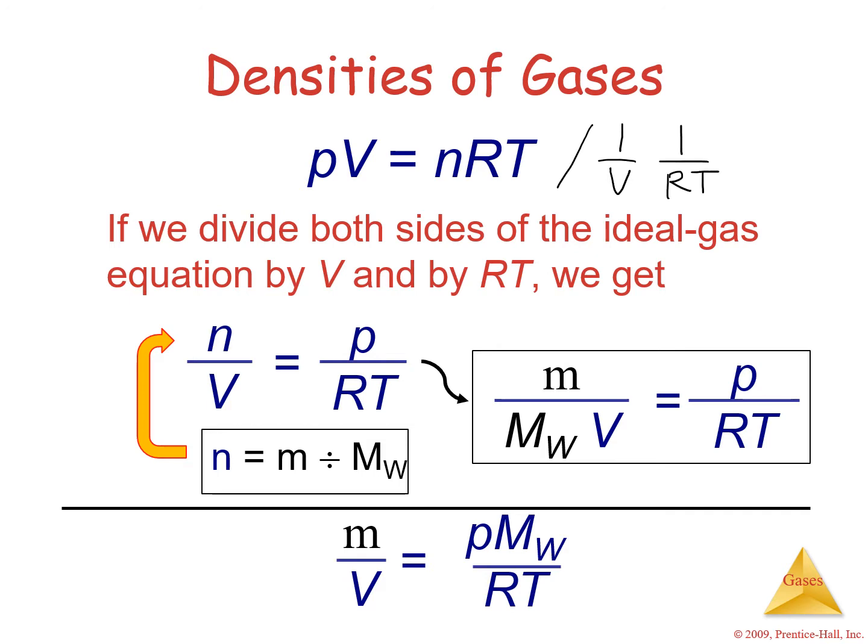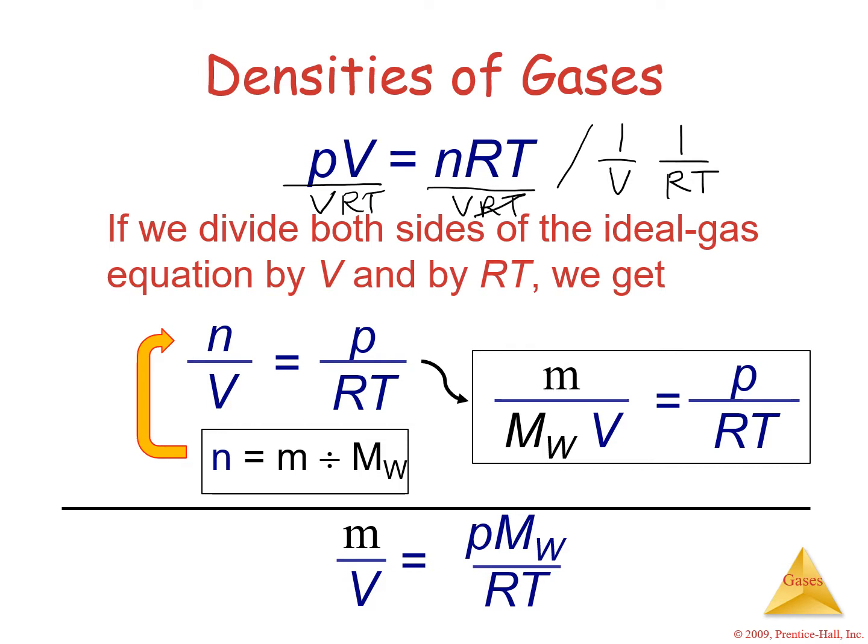So effectively we are dividing both sides of the equation by VRT. This is rearranging the equation for our purpose, to see the connection with the density.